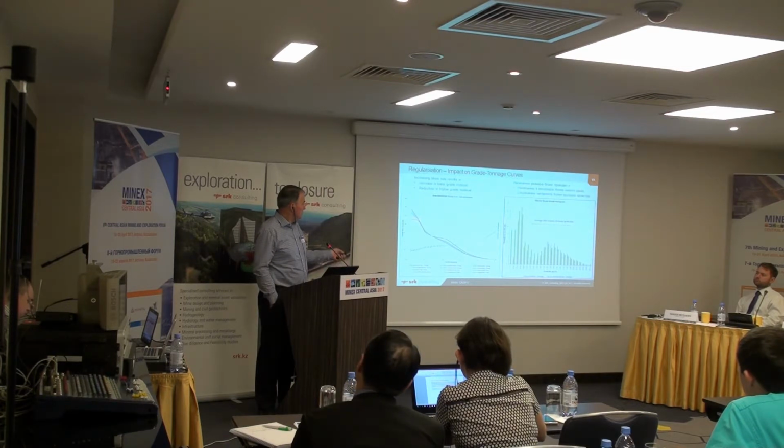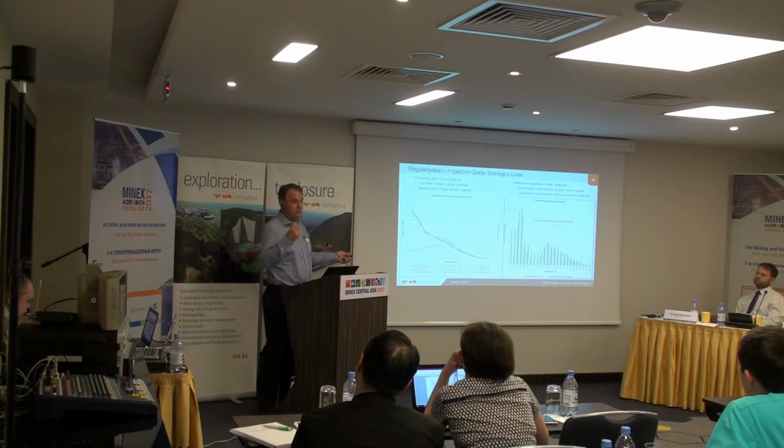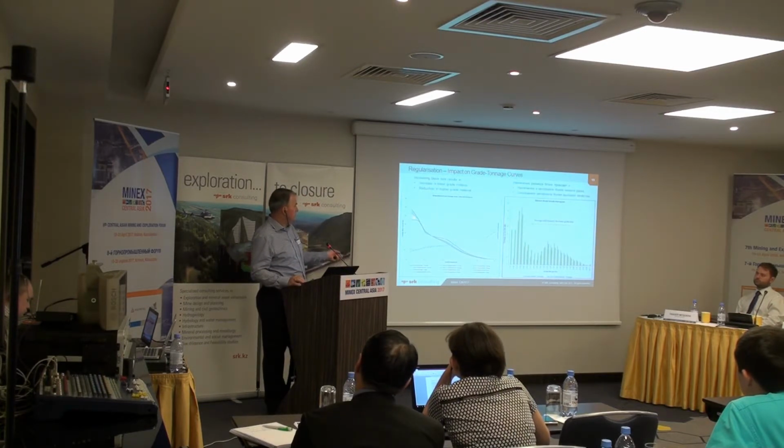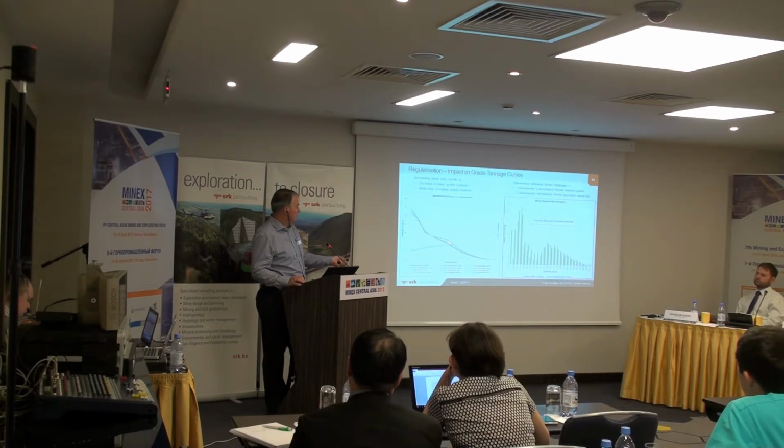This is the original resource model, finer resolution, smaller block size model. Once aggregated, you see an increase in the tonnage at the lower cut-off grades and a decrease in the tonnage at the higher cut-off grades.